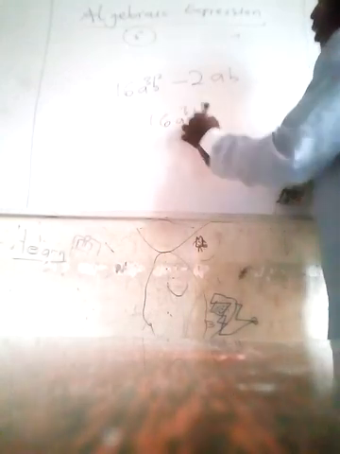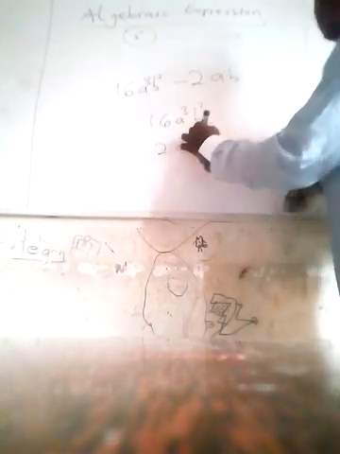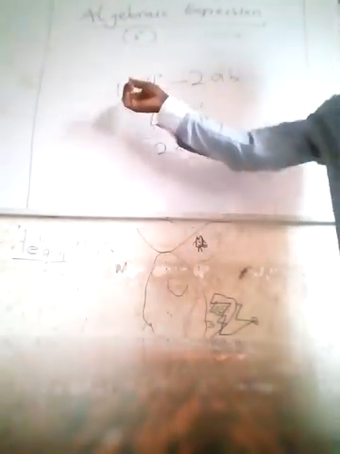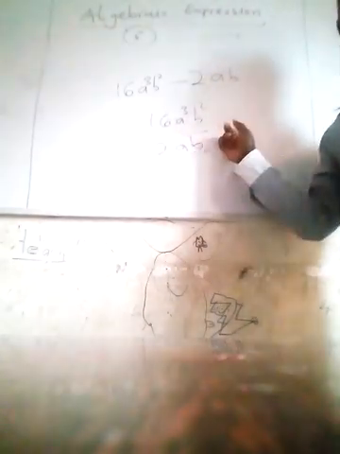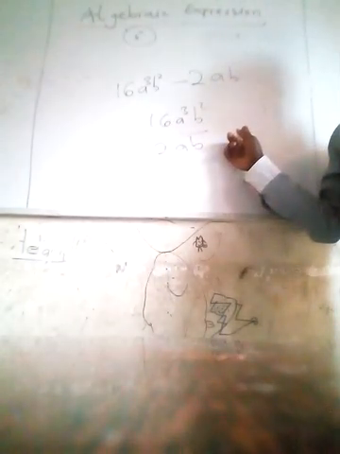You know that this one can be written as 16a cubed b squared over 2ab. If you have a question in this form, you can write it in this form too. You understand?